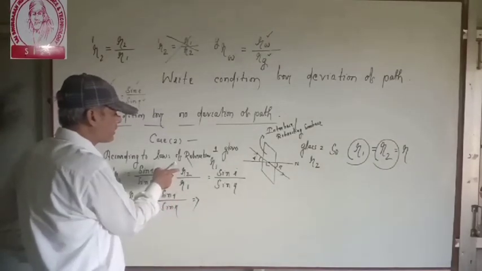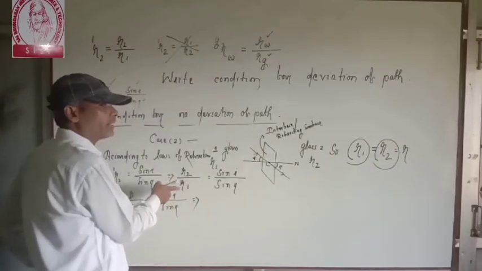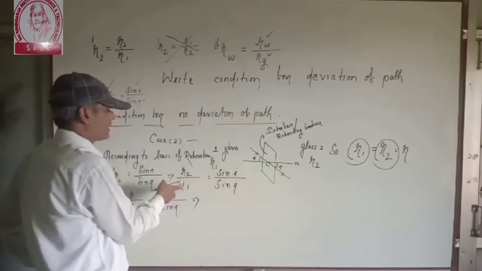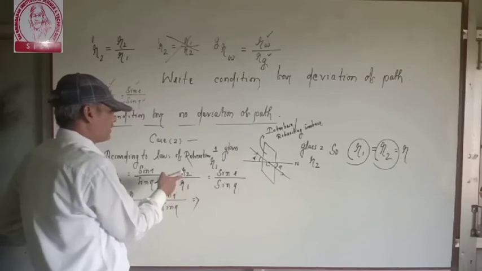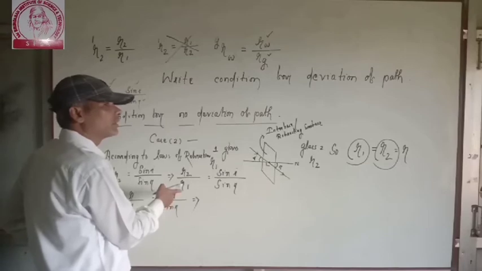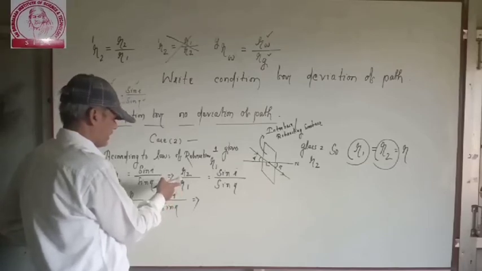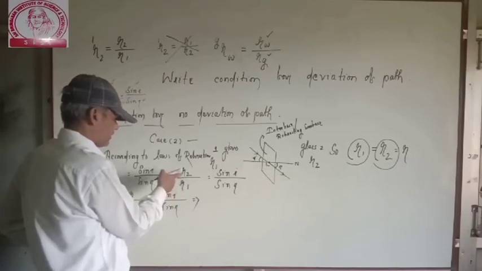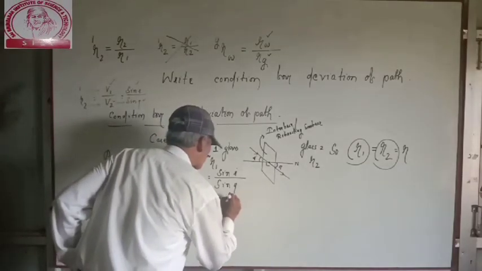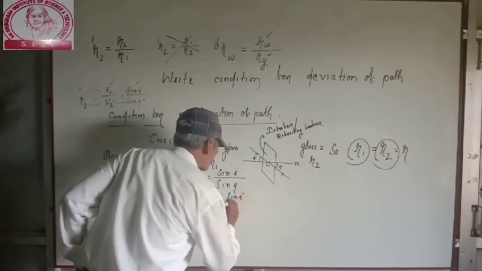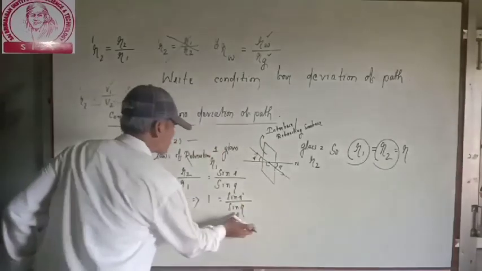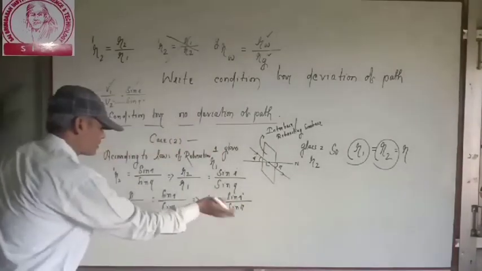If the numerator is equal to the denominator, this ratio will be 1. So 1 is equal to sin i by sin r. Just cross multiply it.